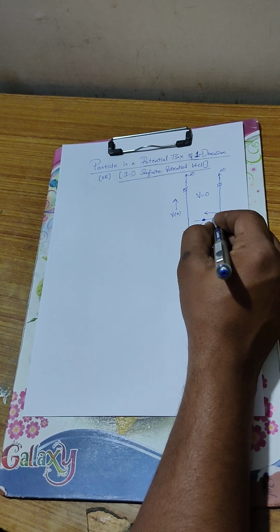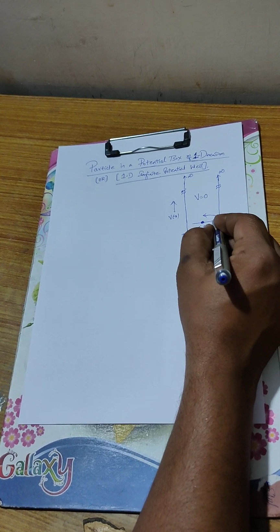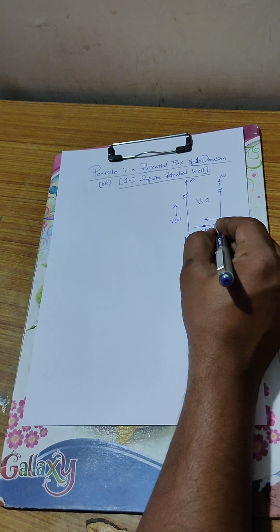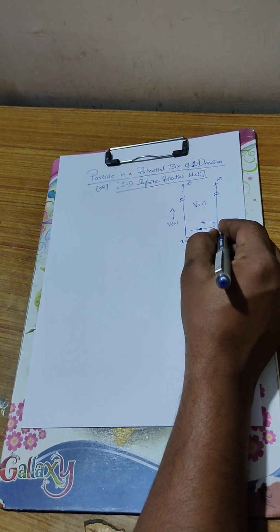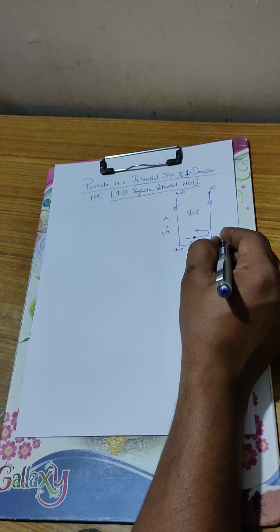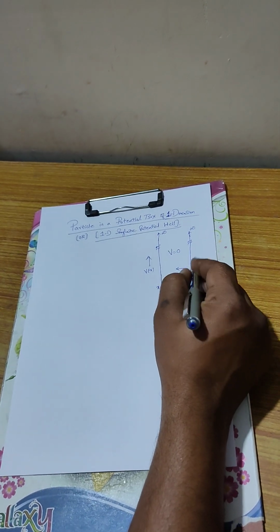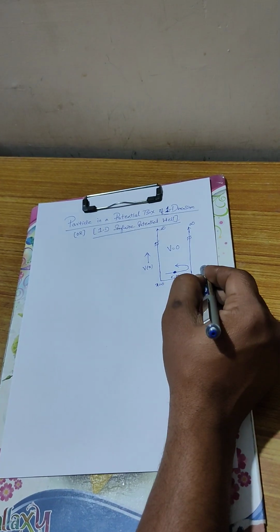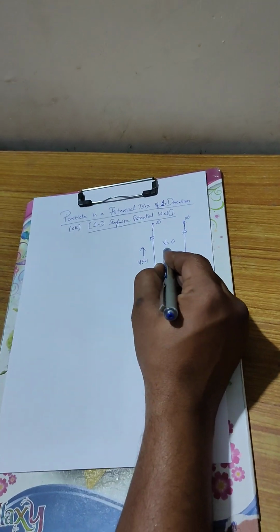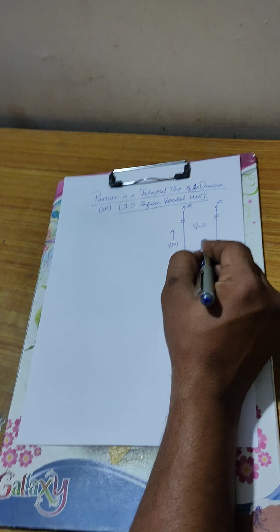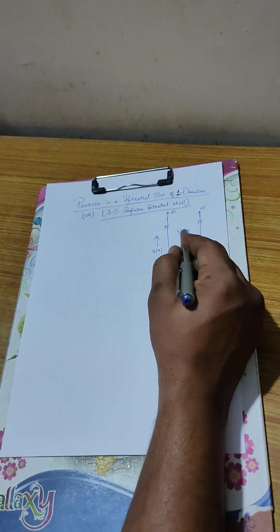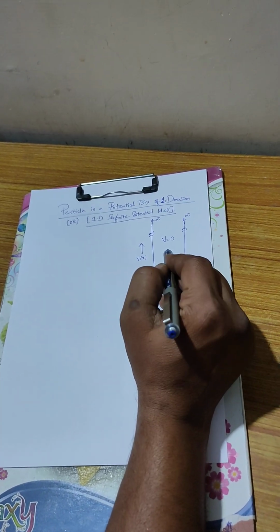Even though the electron collides at the boundary of the well, there is no chance for the electron to penetrate or leak out of the well. Therefore, the probability of locating the electron outside of the well is always 0, whereas the probability of locating the electron inside the well at any interval of time is 1.